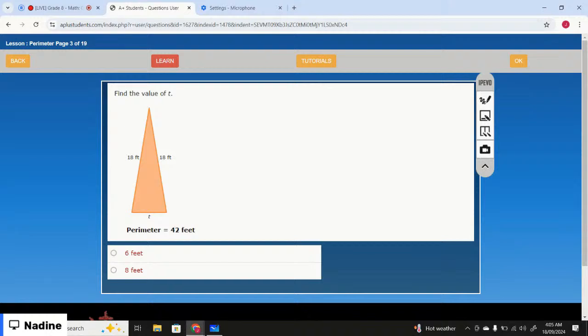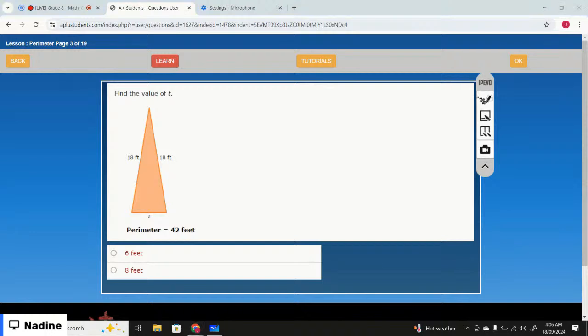Find the value of t. You are given the perimeter, that is 42 feet, right?